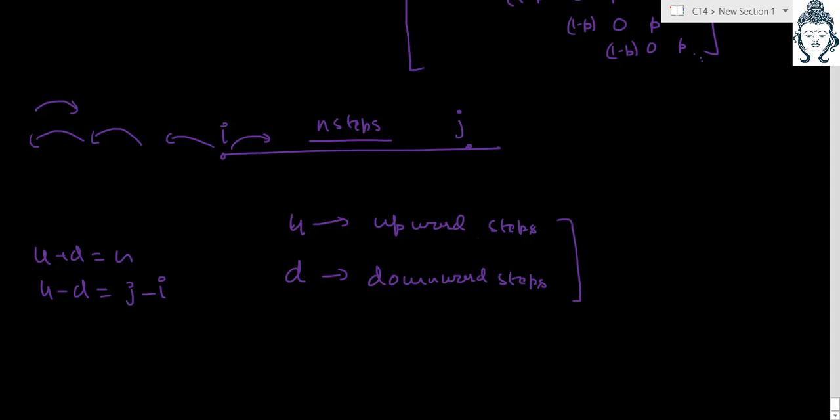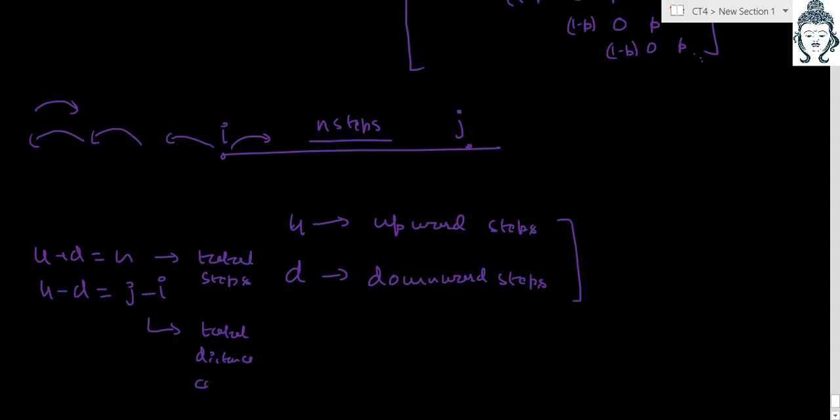So if you want to go from I to j in n steps, you will take u upward steps and d downward steps, and u plus d would be equal to n, that is the total steps. And u minus d will be equal to j minus I, that is the total distance covered.